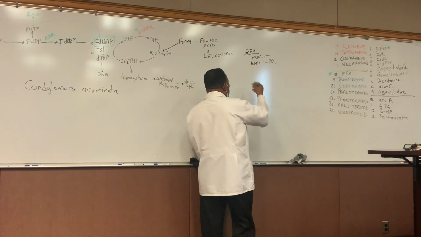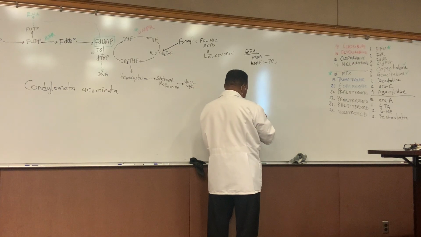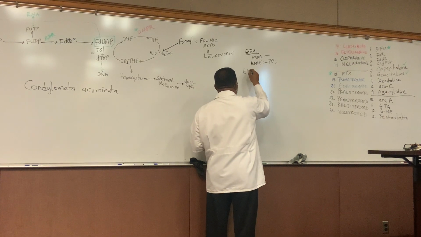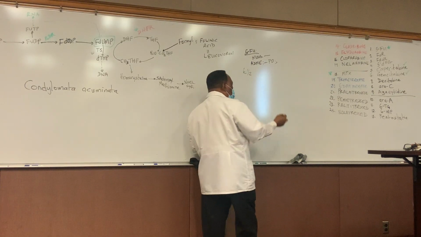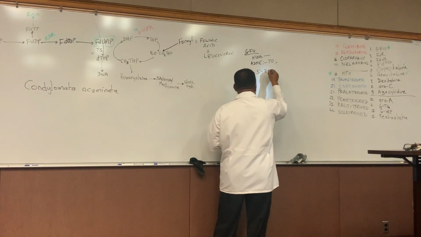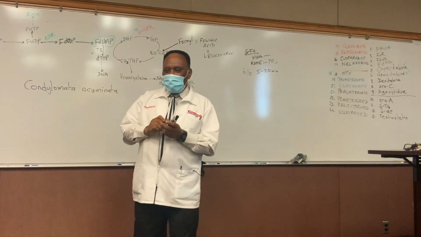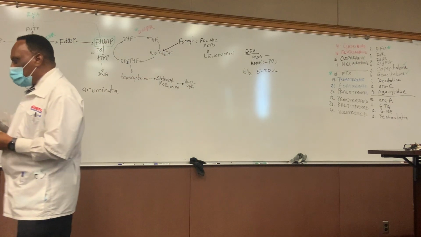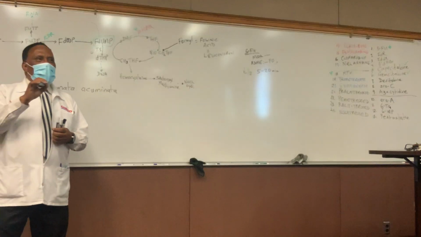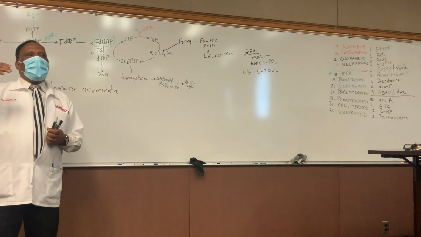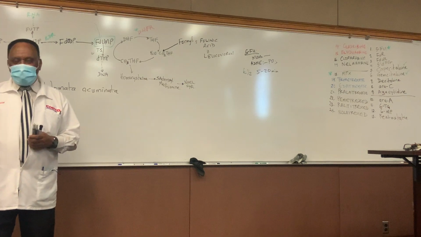And we know that the half-life of 5-FU is very, very short. It is anywhere from 5 to 20 minutes. So it has a very short half-life. And the half-life actually happens to be dose dependent.